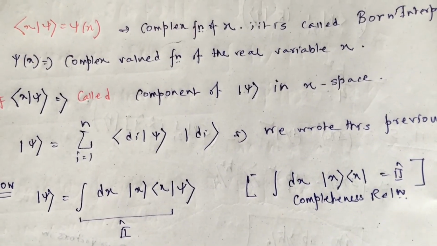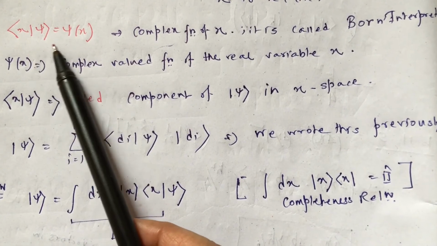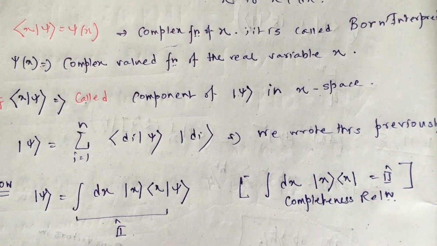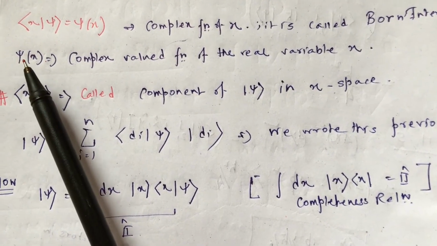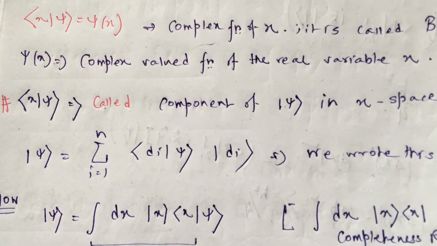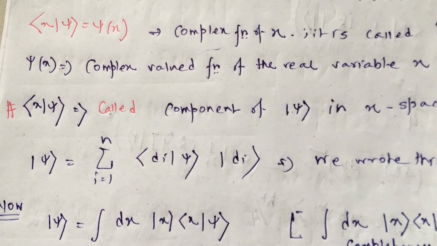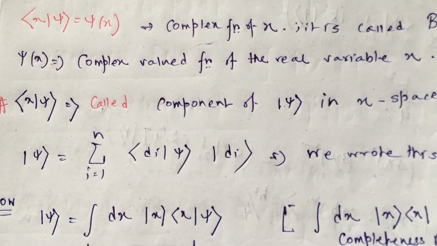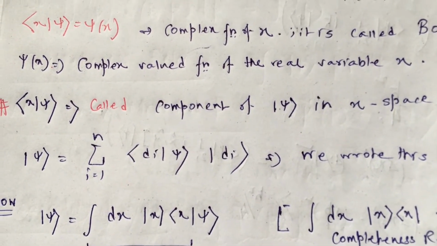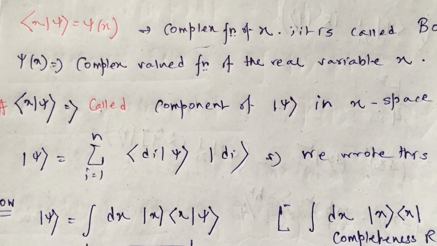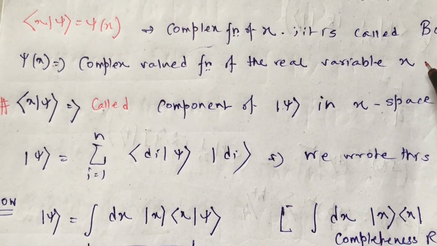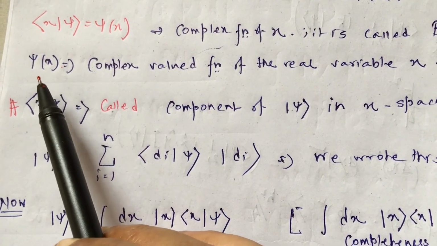And this definition is called Born interpretation. And this psi x is now a complex function, but the function is of a real variable x. So if I make a complex function of the real variable x, I will get this psi.